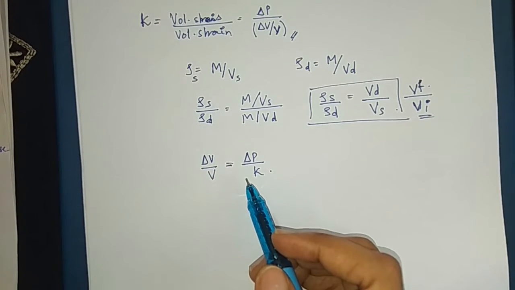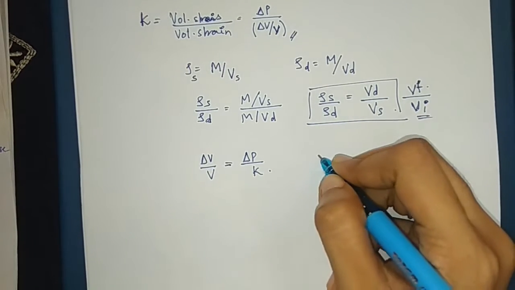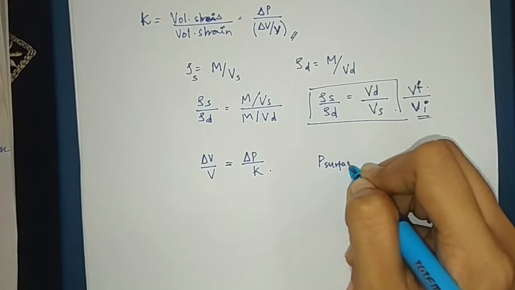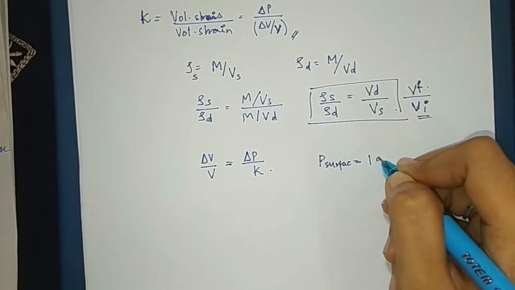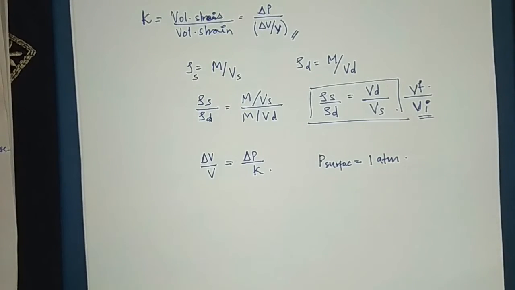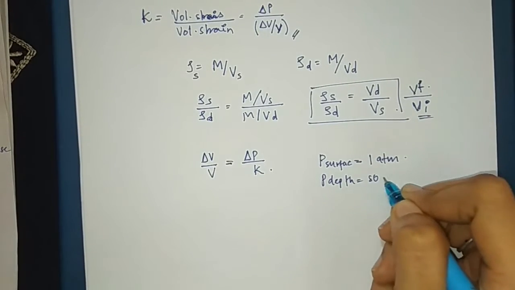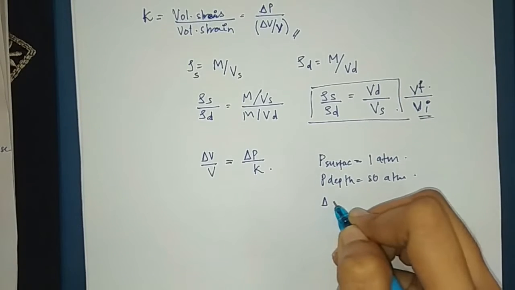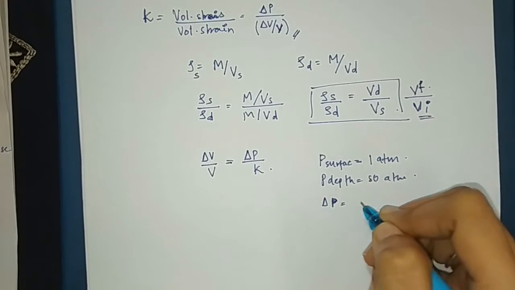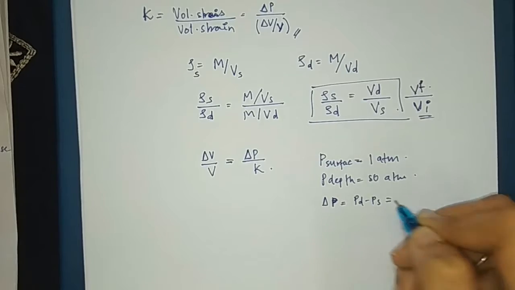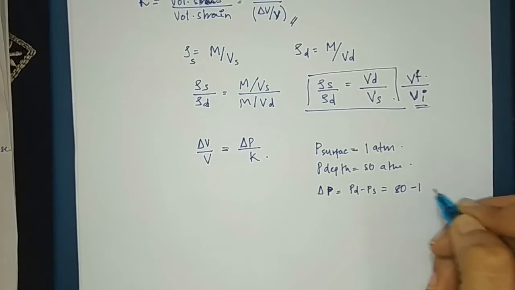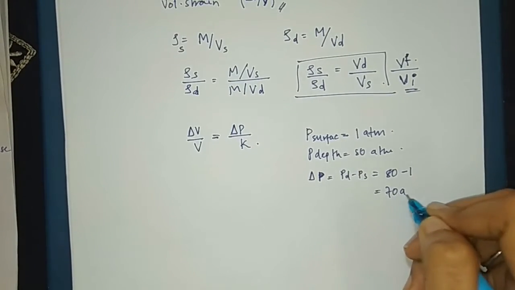And what is given in the problem is that at the depth the pressure is 80 atmospheres. At the surface of the water, the pressure, as we know, is 1 atmosphere. So delta P is the final minus initial, or the pressure at depth minus the pressure at the surface, which is 80 minus 1, that is 79 atmospheres.